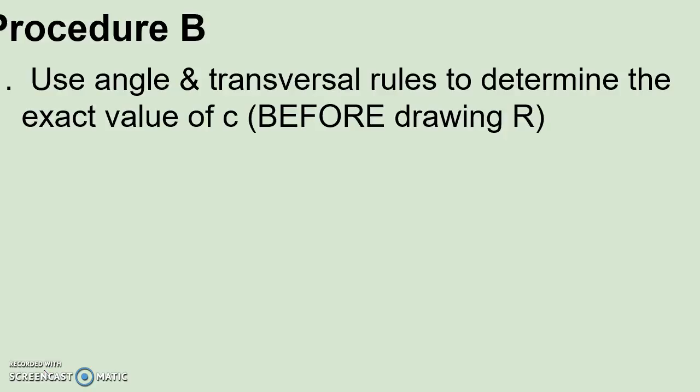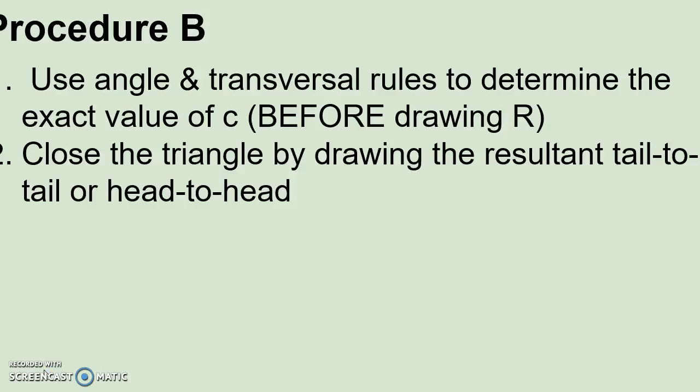As demonstrated during class, we can use our transversal rules to determine the exact value of C. Part of the information would be given in the question, and by extrapolation we can find out exactly how large that angle would be. We would then close the triangle by drawing the resultant tail to tail or head to head.